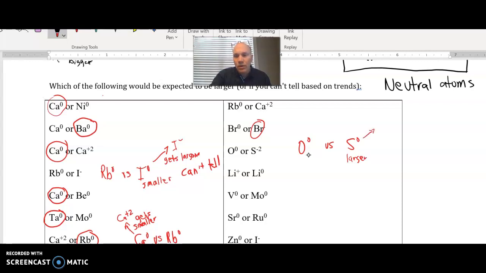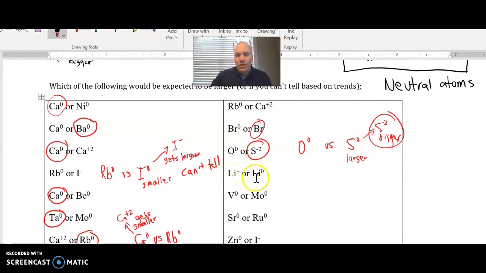And if you compare the neutral to the negative, it gets even bigger here. So between these two atoms, this is larger. It goes larger going to that, and gets larger going to that. You could definitely say that this would be the bigger of the atoms.